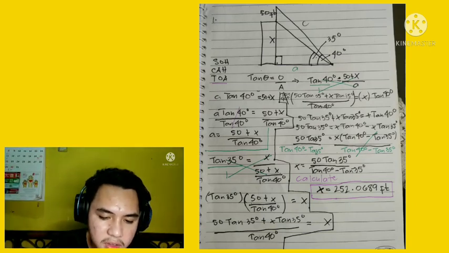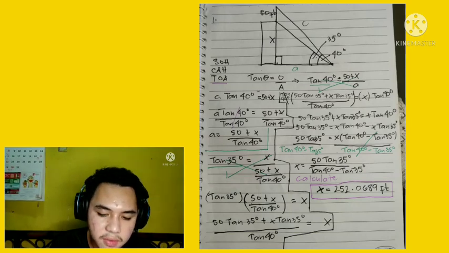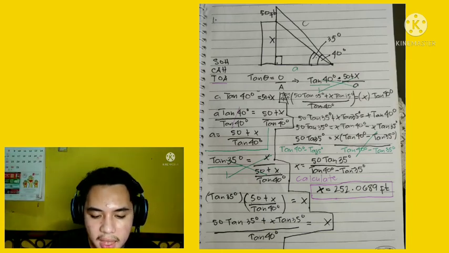Then now we can cross multiply, and we will get tangent 35 degrees times 50 plus x over tangent 40 degrees equals x. So multiply, we have now 50 tangent 35 degrees plus x tangent 35 degrees over tangent 40 equals x.